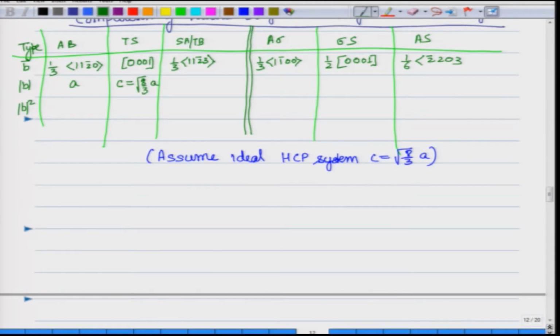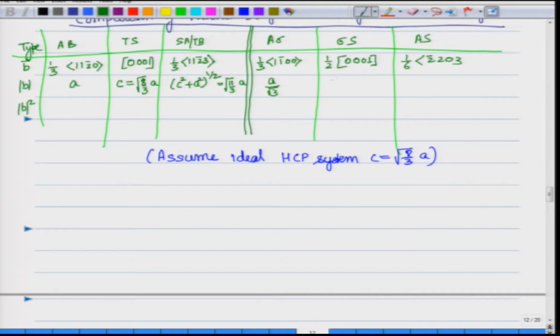Now, this is C plus A. Actually it is not really C plus A, as you would see, this is C square plus A square over 1 by 2, and if you look at it, it will come to root 11 by 3 times A. Now, this is a partial Burgers vector, and this is nothing but A by root 3.